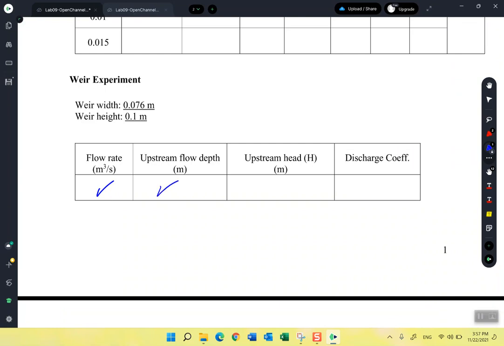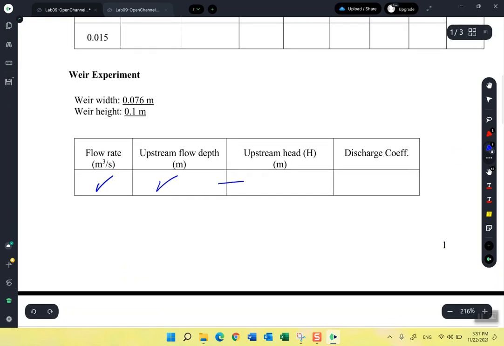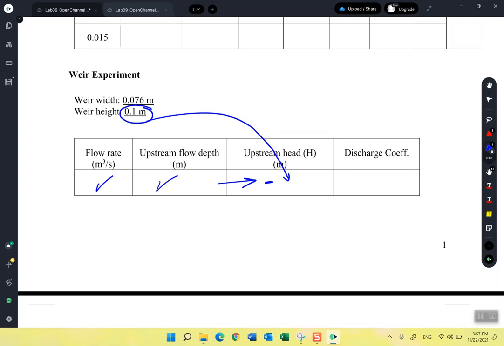And because we are only interested in the head above the crest, you will subtract the value of the weir height from the water depth to get the upstream head. Understood? After doing that, you can substitute in the weir equation to calculate the discharge coefficient.